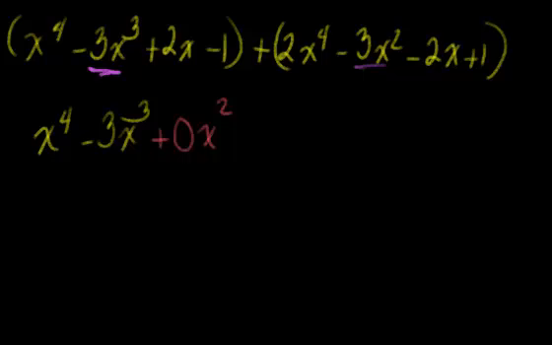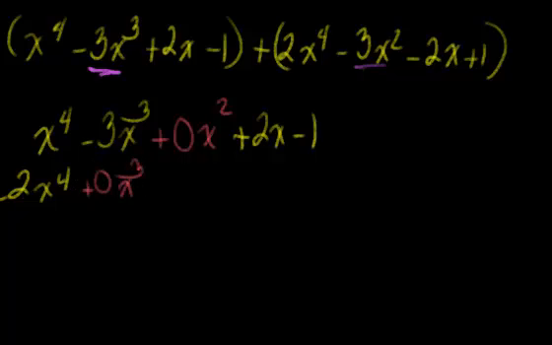And then we'll continue writing. Plus 2x minus 1. And then we're adding this, and then 2x to the fourth minus, so we don't have a cube term there, so we're going to say plus 0x cubed, and then continue going down.